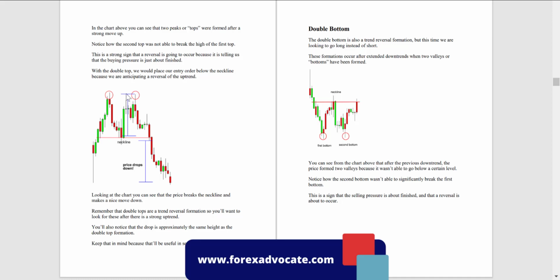There's a high likelihood that once you break this particular support here, it's going to go down the same height, the same distance it moved up here. So once you see something like this, you know that the market is actually going down, and you put your take profit with regard to the distance it moved here.